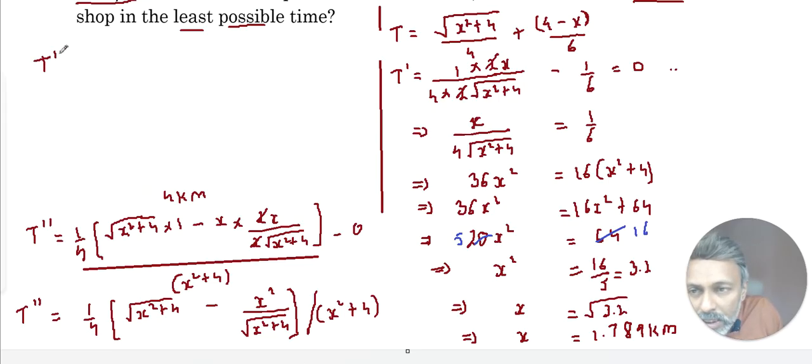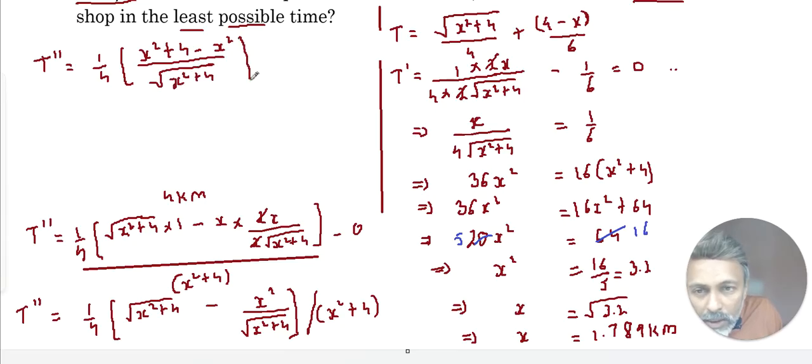So t double dash is equal to, continuing, 1 upon 4 times, taking the LCM, x square plus 4 minus x square divided by root x square plus 4, divided by x square plus 4. Clearly x square cancels out. We can even cancel this 4 with this 4.